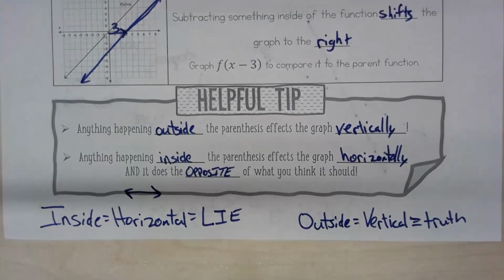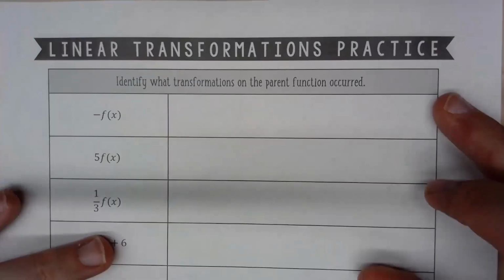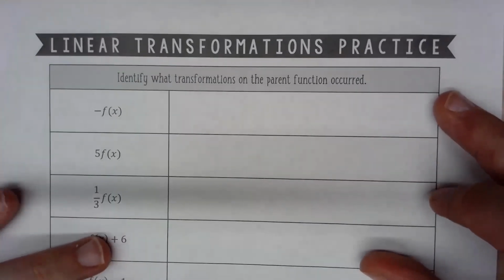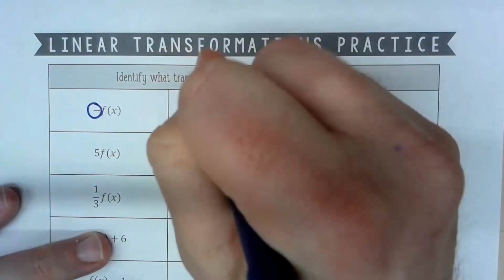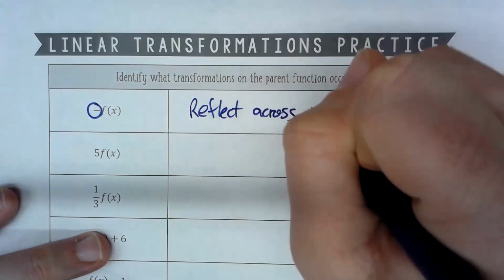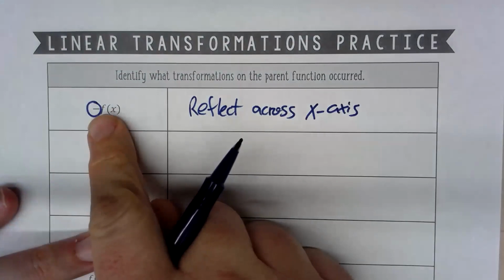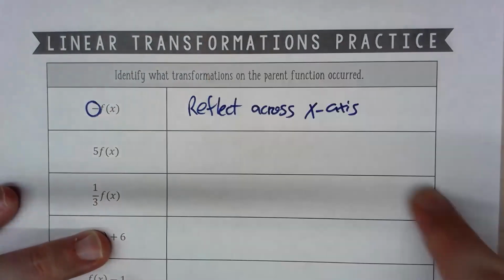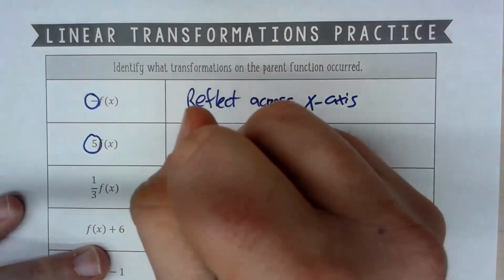So now let's do some practice. We're going to identify what transformations on the parent function occurred. So if it's negative, well, that just means it reflects across the x-axis, right? So anytime I have a negative, that means it got reflected. So now it's going down. If I multiply by a number more than 1, it's going to get more steep.